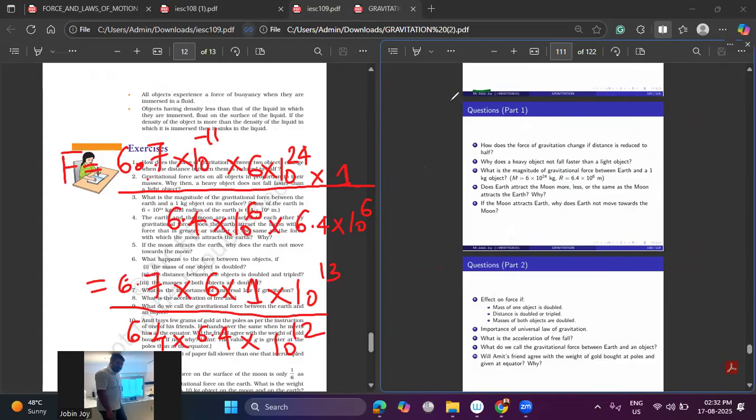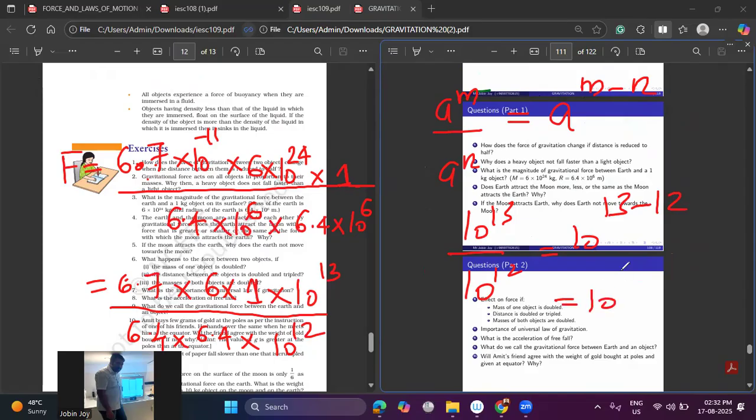Then next, you can apply the next one, a raised to m divided by a raised to n equal to a raised to m minus n. So 10 raised to 13 divided by 10 raised to 12 is equal to 10 raised to 13 minus 12. That is equal to 10 raised to 1. So 10 raised to 1 is 10.